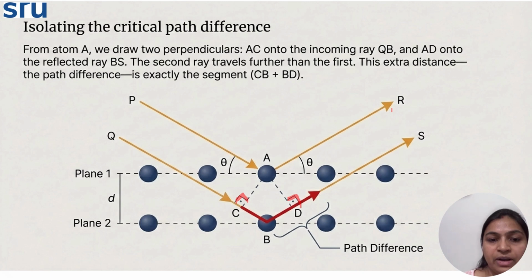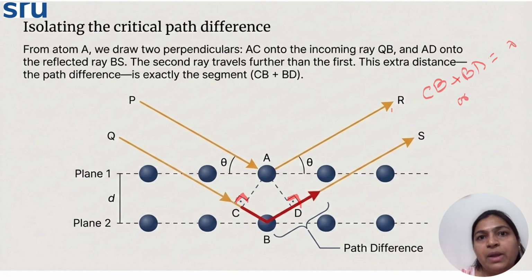So the path difference here is this part. When the path difference CB plus BD is equal to a whole wavelength lambda, or a multiple of whole wavelength, n lambda, then the two rays interfere constructively and produce an intense spot.